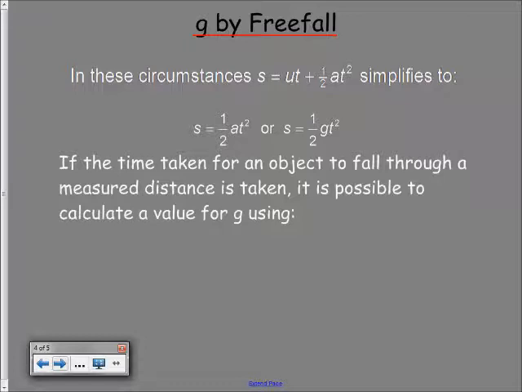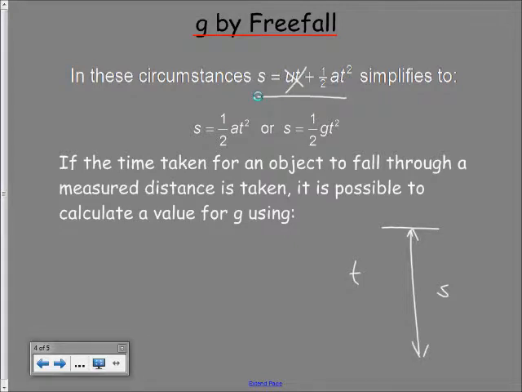So if we take our equation of motion, s equals ut plus a half at squared, since u is equal to 0, that term drops out, and we can either say in general that s equals a half at squared, or if we wanted to use little g specifically for the acceleration due to gravity, s equals a half g t squared. So if we wanted to do an experiment, we could drop an object through a given distance, s, and use a stopwatch to time how long it takes.